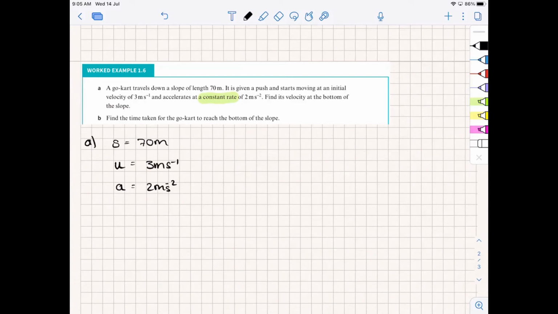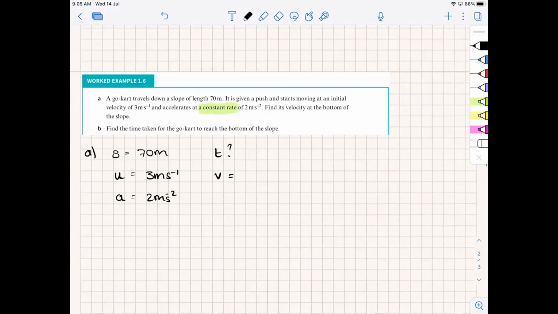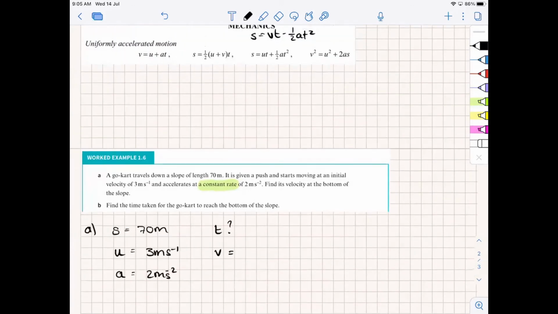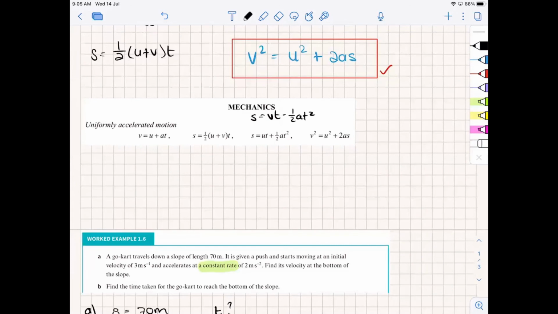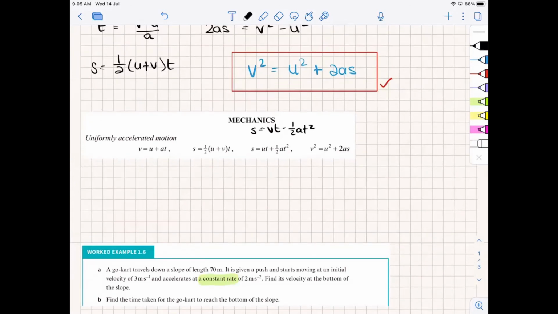Okay, so we don't know time, and final velocity is the thing that we want to work out. We could go about this using multiple equations, or we could look at the equation that doesn't require us to know the time. The equation that doesn't require us to know the time is the one that we worked out last: v squared equals u squared plus 2as.